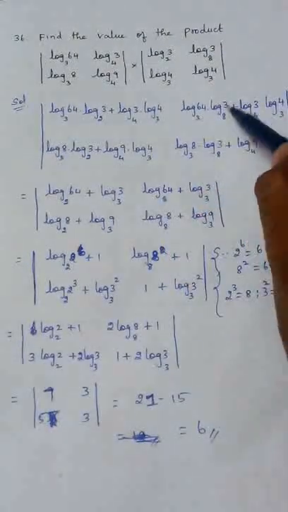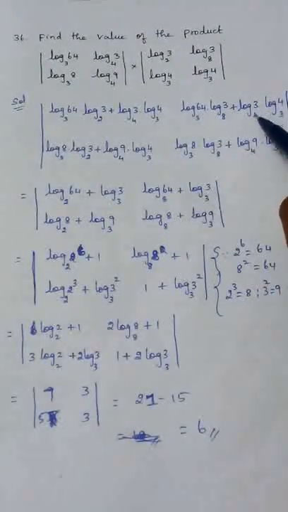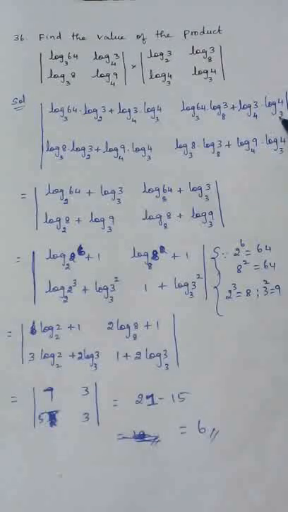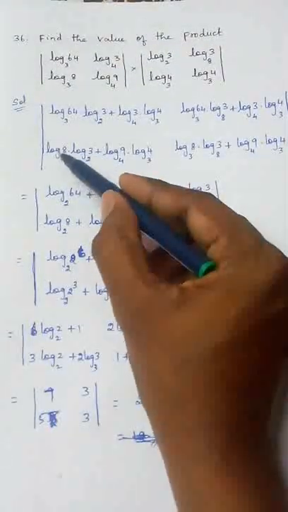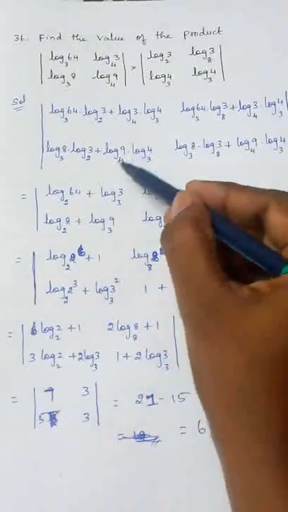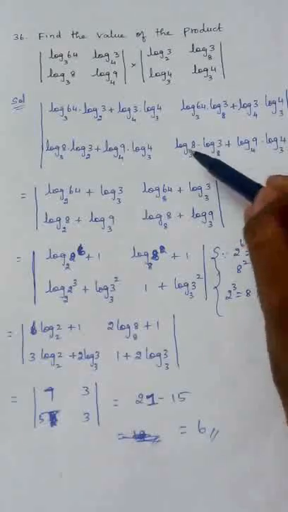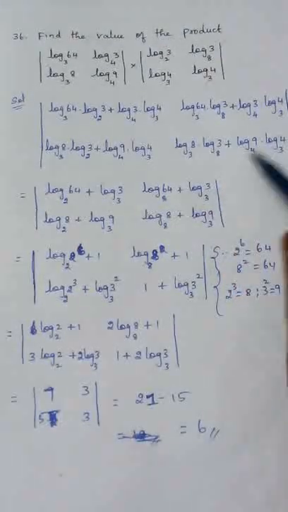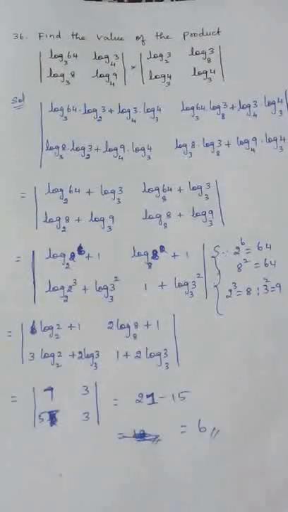Here 3 goes, log 64 base 8 remains. Here also 4 goes, log 3 base 3 remains. 3 goes off, log 8 base 2. 4 goes off, log 9 base 3. 3 cancels, log 8 base 8. 4 goes off, log 9 base 3. So like that I have written this.